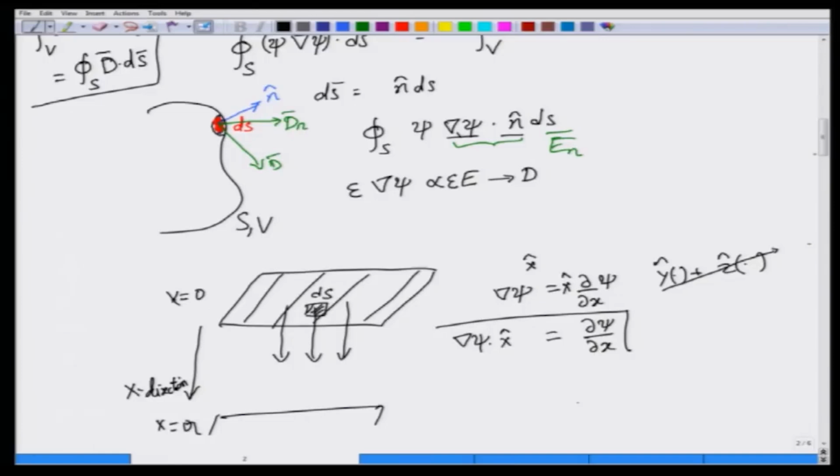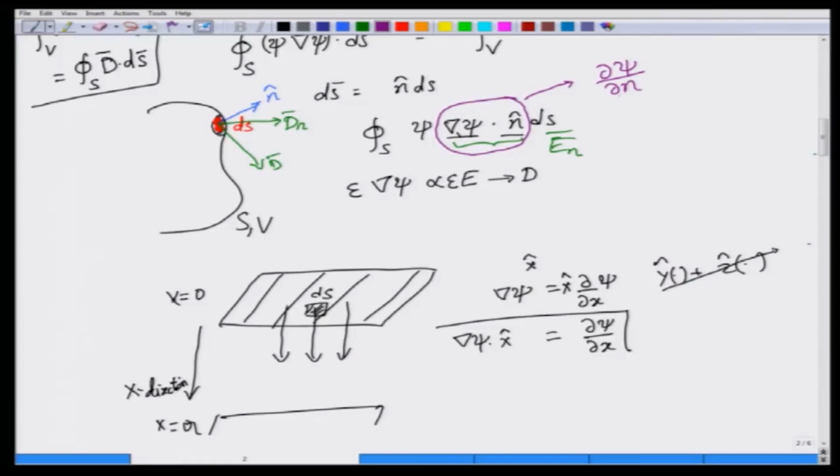So, in general, if the normal is along n, what this quantity del psi dot n is telling you is, let me highlight this one, the derivative of the potential function psi with respect to the normal coordinate. If n is any general direction for the normal, then del psi dot n is del psi by del n.